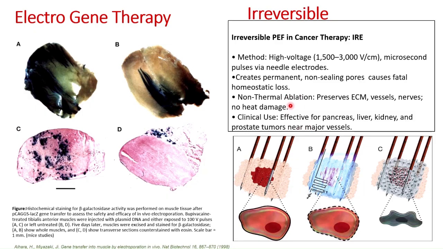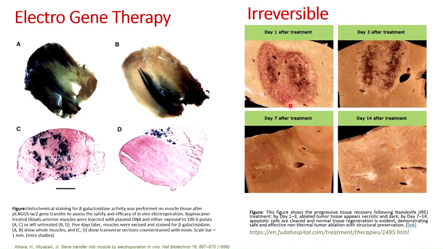And here what you really do is completely ablate the cell, but in a non-thermal manner. Okay. And the cells would die because of annihilation. So I have one example here again from the literature where you see irreversible electroporation done for treatment of a cancer tumor.